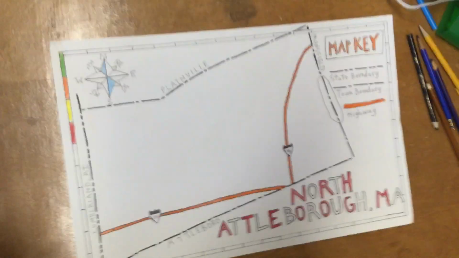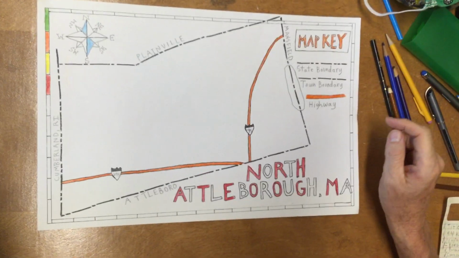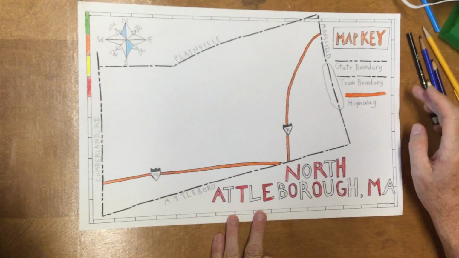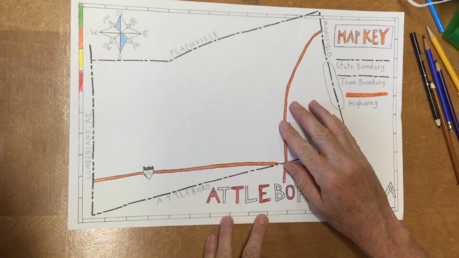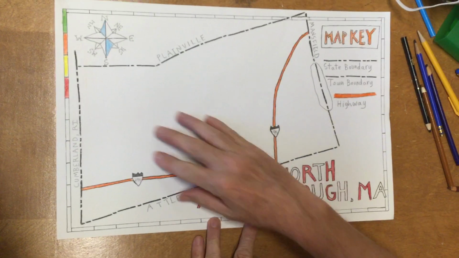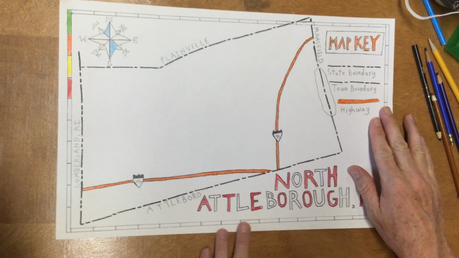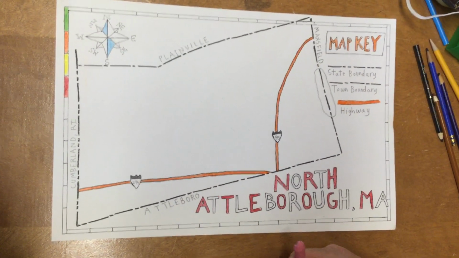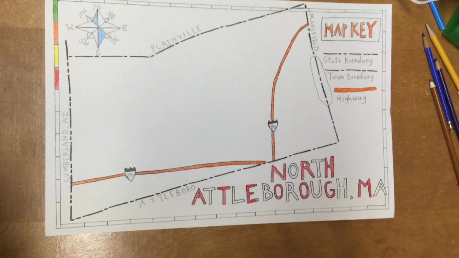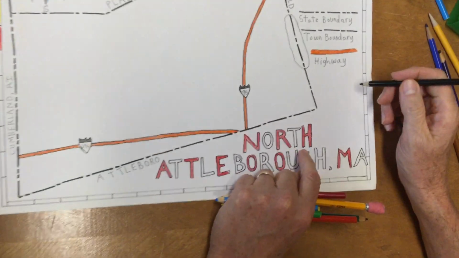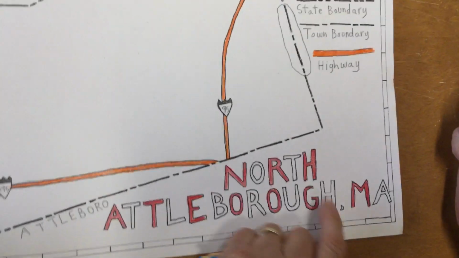Now let's go to the next size road. We can't put every single road and street on the map because there are hundreds of streets throughout the town, but we can put some of the bigger roads. I'll give you a choice of three colors for the roads: black, brown, or red.